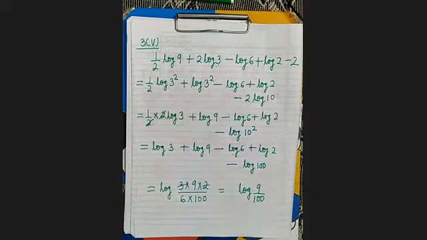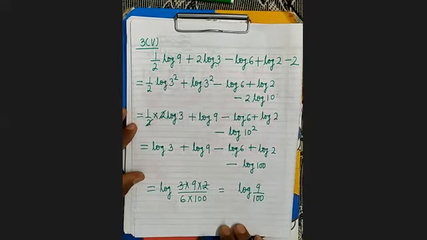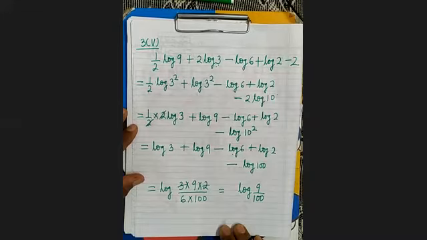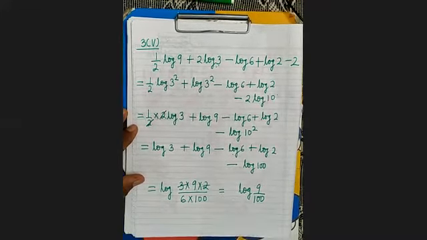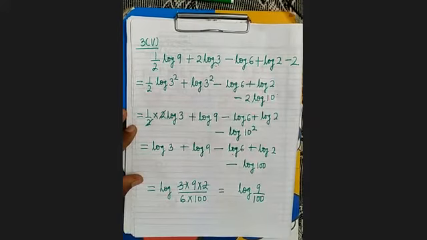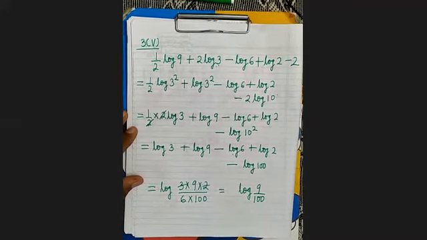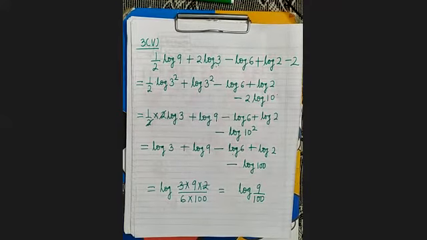So this way you will do. It's clear? Now see here. There is this also. Now all of you see. Is there any mistake here? Because this you have to change in single logarithm.